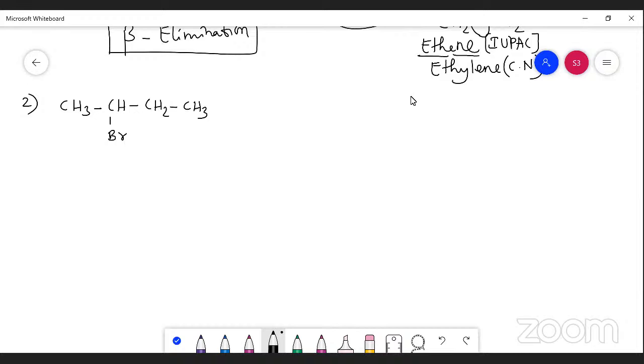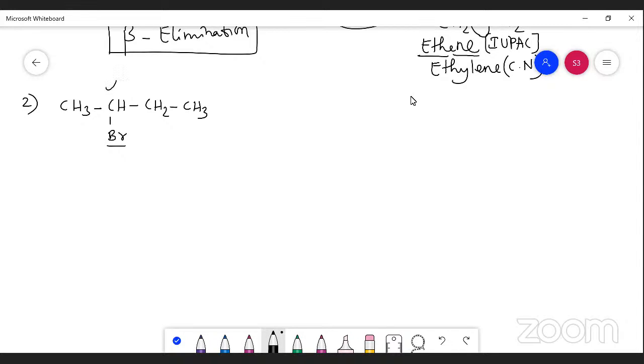Now, when we look at this compound, one thing you notice: Br is not in the terminal. Terminal means at the start or the end. But the Br here is non-terminal. This point is very clear. And where am I going to take a hydrogen from?